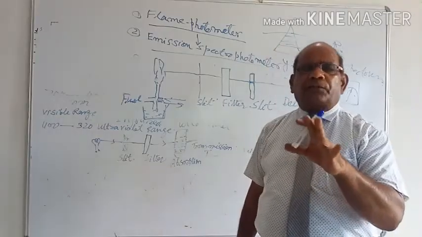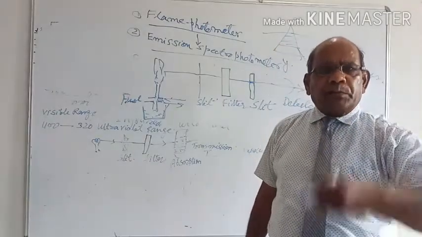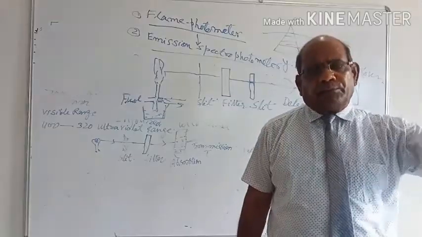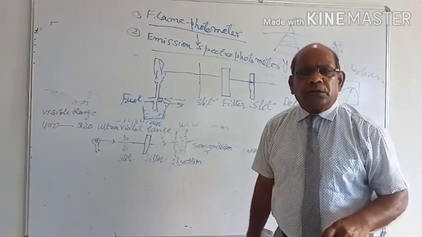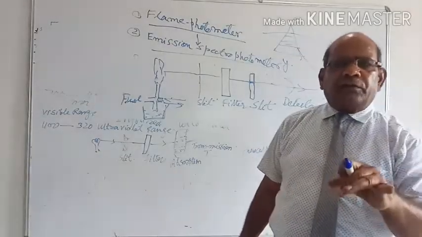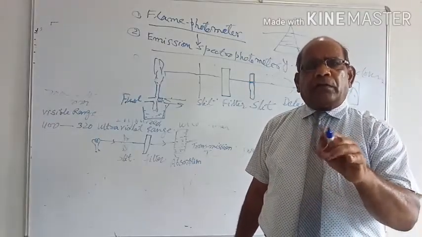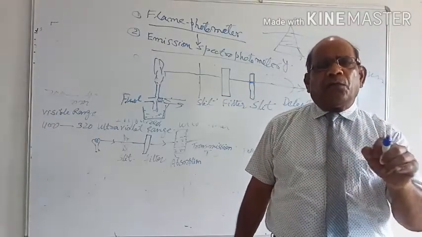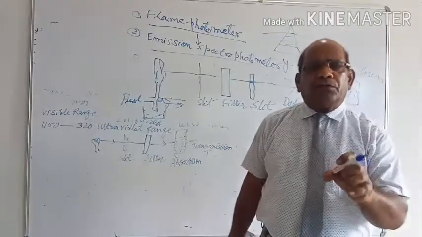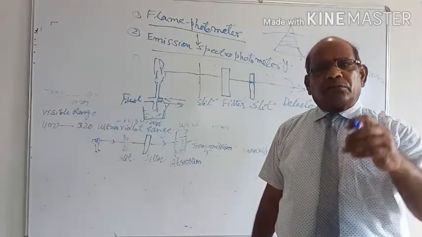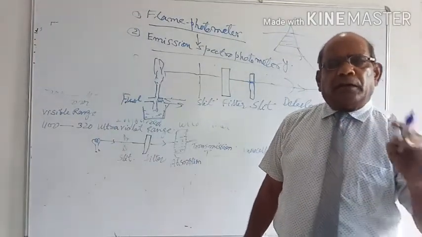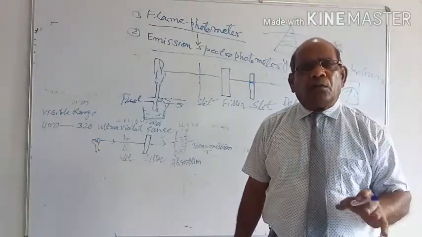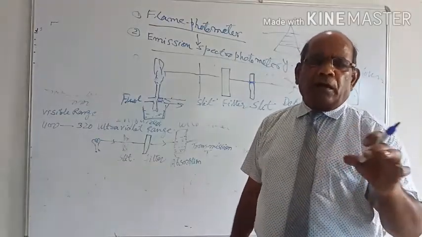The basic difference is one is emission and second is absorption. This is the only basic difference. Otherwise, from a technological point of view, the basic principles are similar for both technologies, and they follow Beer's law and Lambert's law.